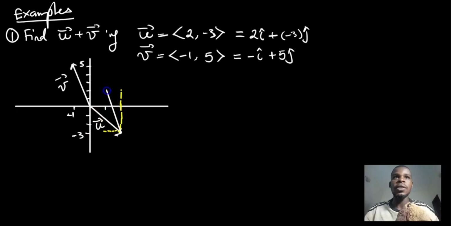This is where to stop. Good. So you notice that from -3, 5 units upwards will land us at 2 on the y-axis, and then from there reducing by 1 will land us exactly at 1 on the x-axis. So that is our vector. That's vector v.